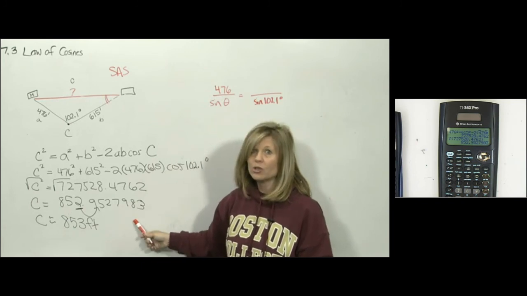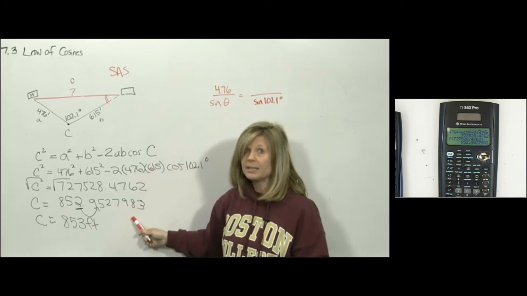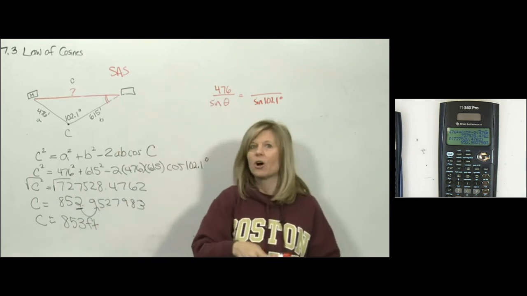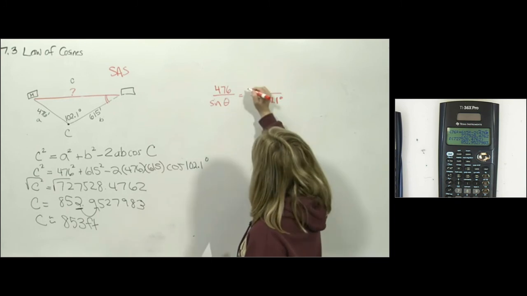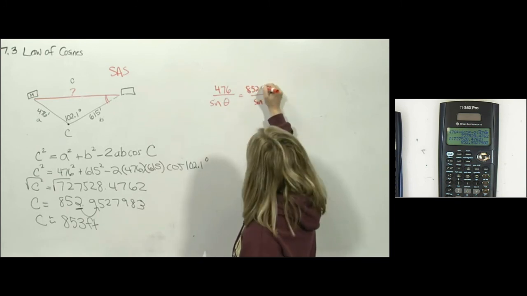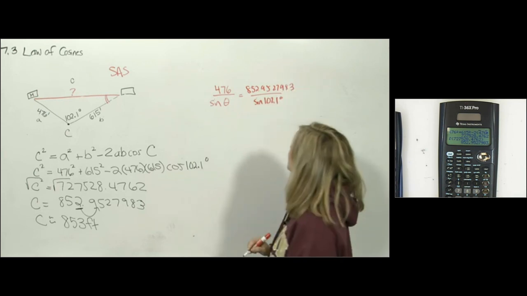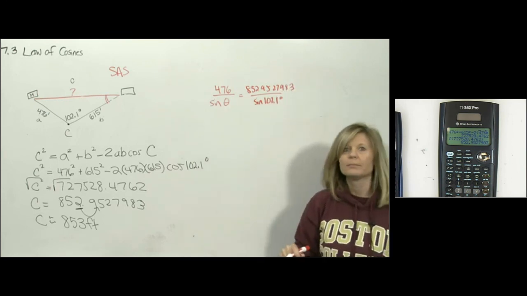You should always use the exact, and that's a big deal. If you use a rounded answer to get to the next answer, it's going to be off. So we want to use the exact answer. And then we want to cross multiply, okay?